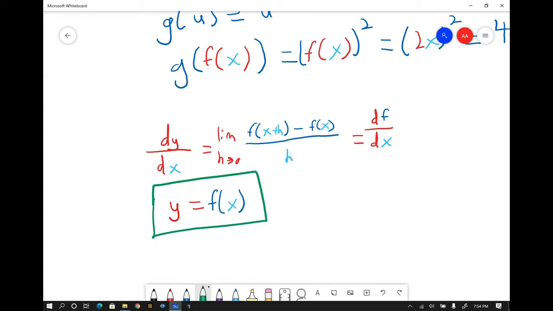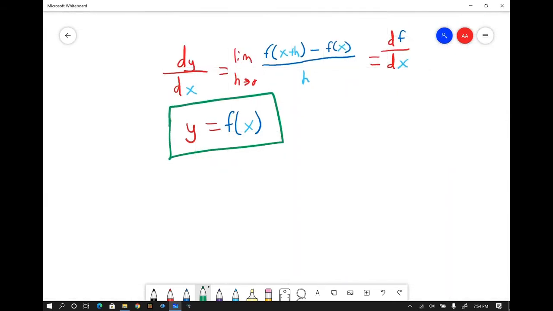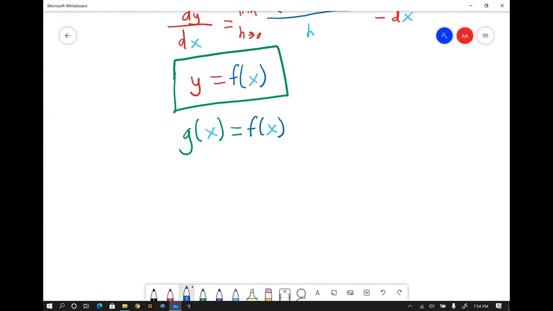So these two are saying the same thing. But what if our function didn't equal y and it equaled some other letter, like g of x? Well, if we had that, then we can say that g of x is equal to f of x, and the derivative of this function could be written as dg over dx.